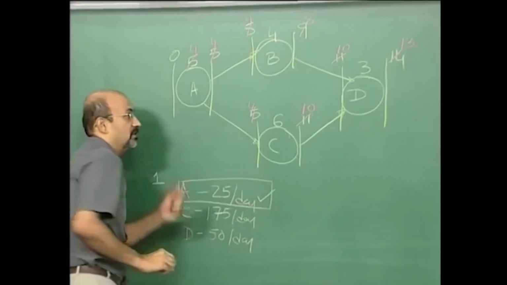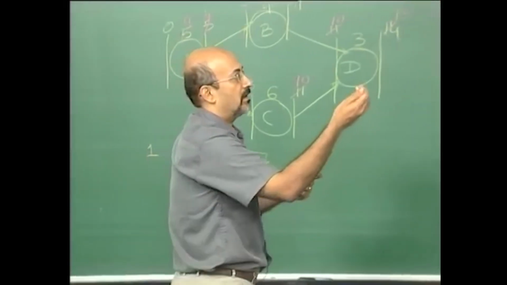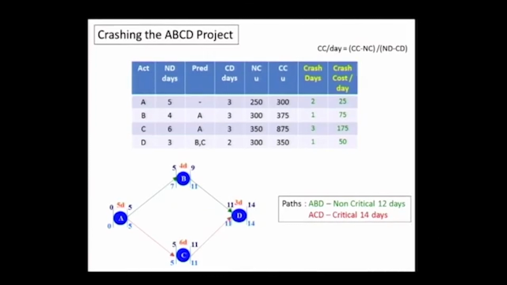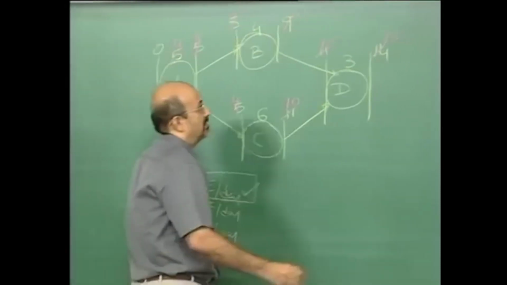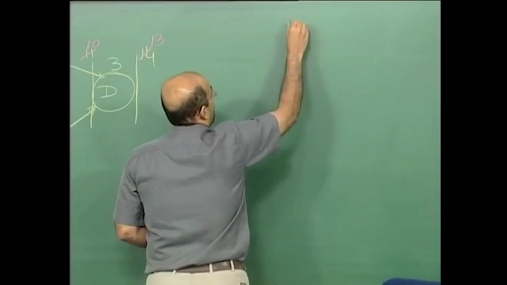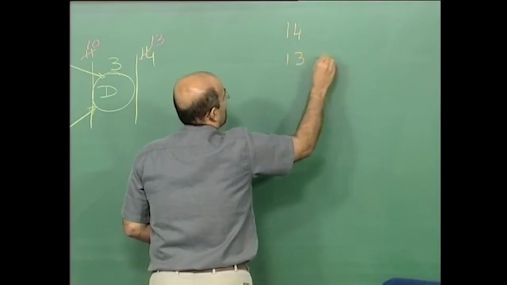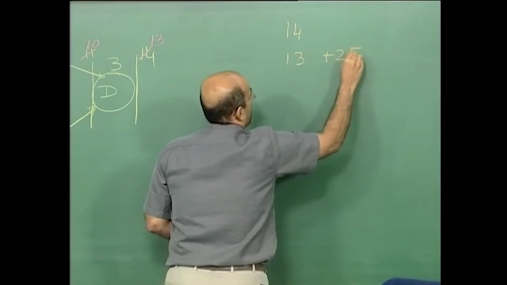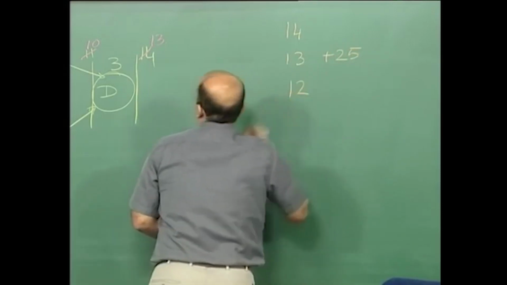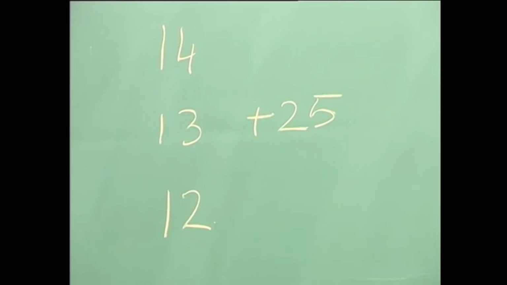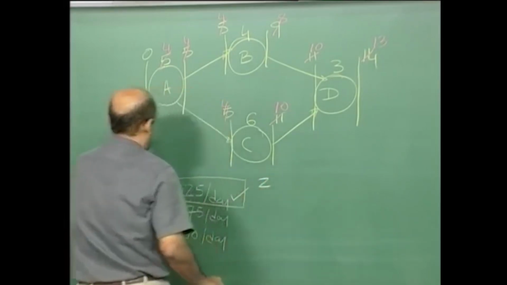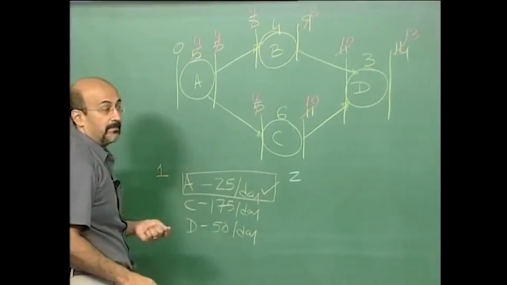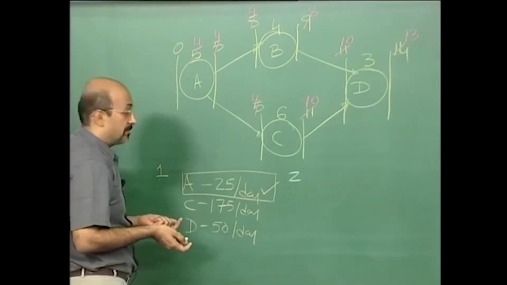I put units of cost as U there because I did not want to use a currency value as of now. We are just looking at the value. So for doing this in 13 days, compared to 14 days at my basic cost, I had to spend plus 25. As my second step, again, what is my critical path? ACD, and the options are the same.